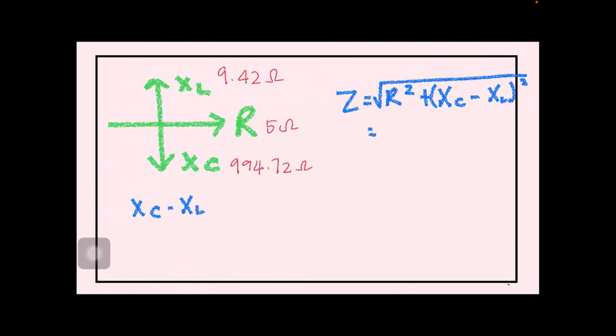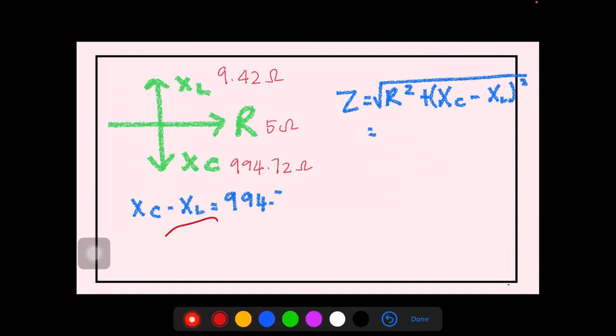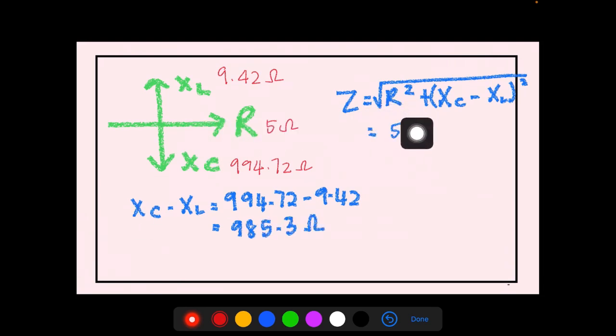This is from the Pythagoras theorem. We can find the vector Z from the vector of X and Y. So our x-axis here is R, and the y-axis is XC minus XL because XC is greater than XL.